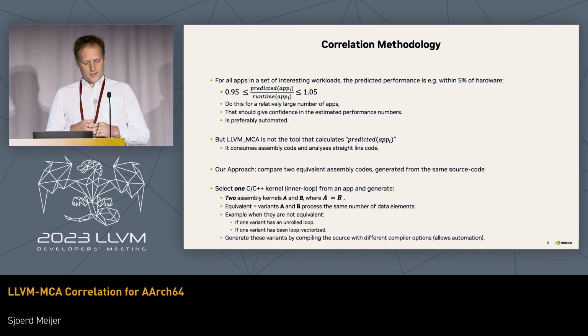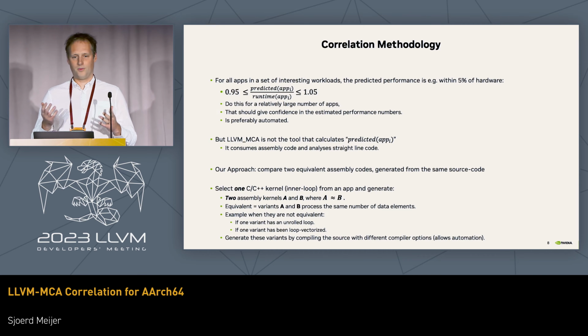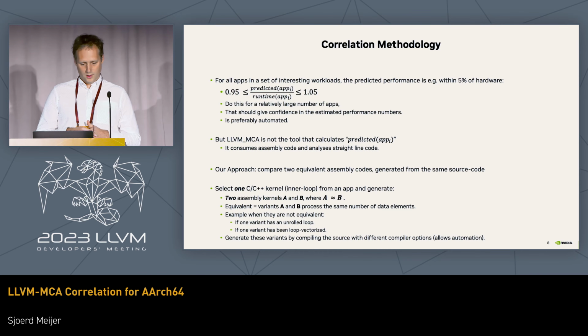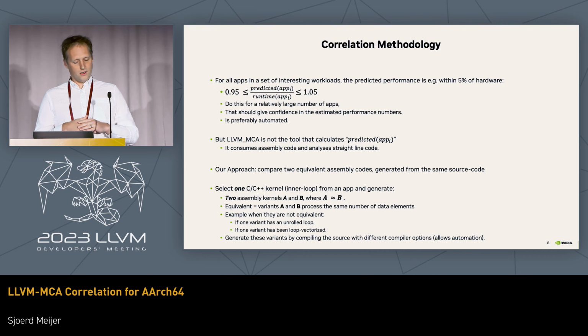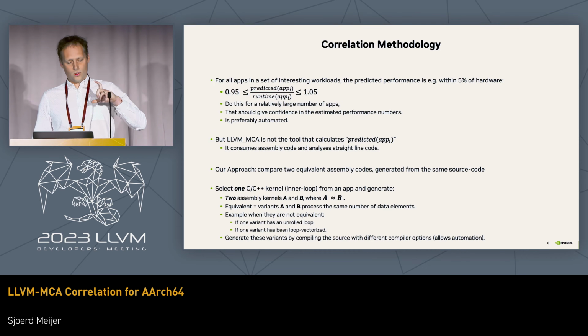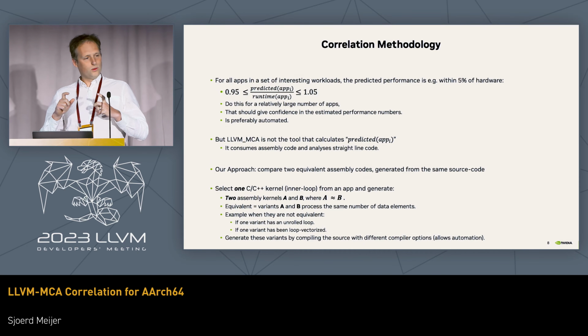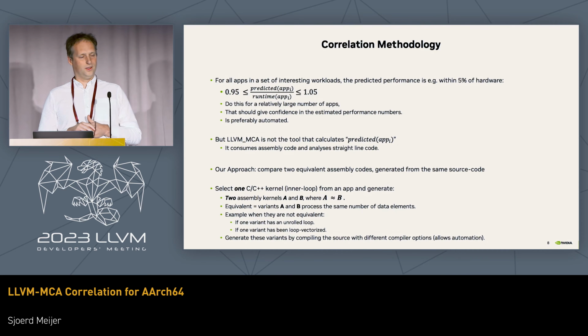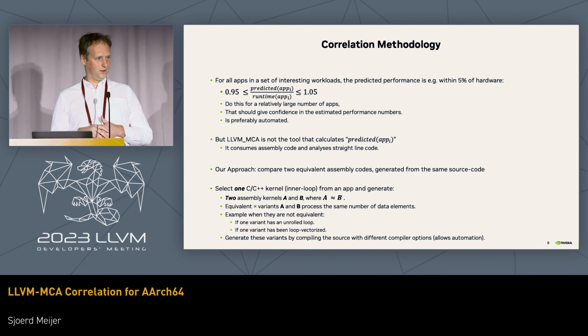Equivalent in this case means that they process the same number of data elements. Think, for example, about array elements. An example of when they are not equivalent is if one straight line piece of code is the result of unrolling and the other one isn't, then the unrolled version processes more data elements. So in that case, they do a different amount of work and they are not equivalent.